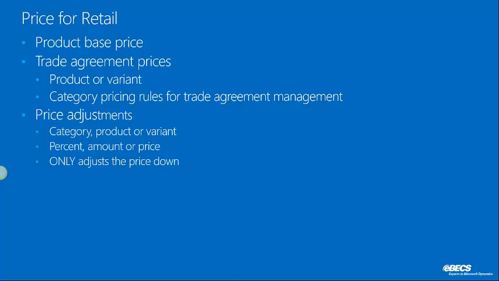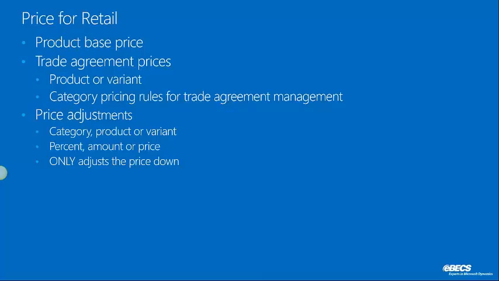You can also, in retail, create category pricing rules for trade agreement management. So this would be things like, for example, I have a category of fashion, and my employees of this particular retail always get 5% off everything they buy.